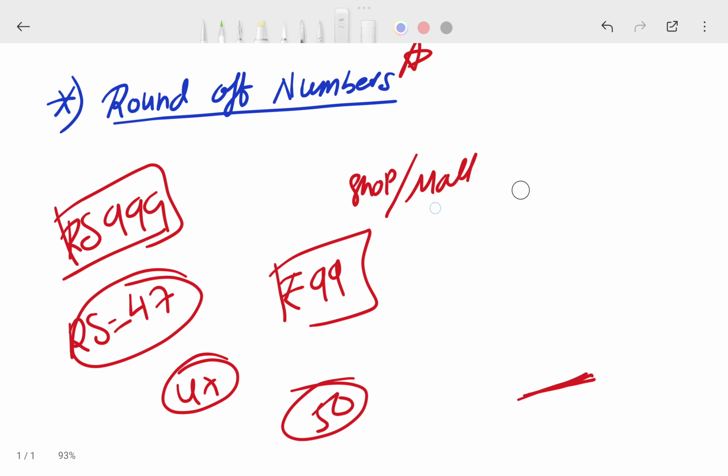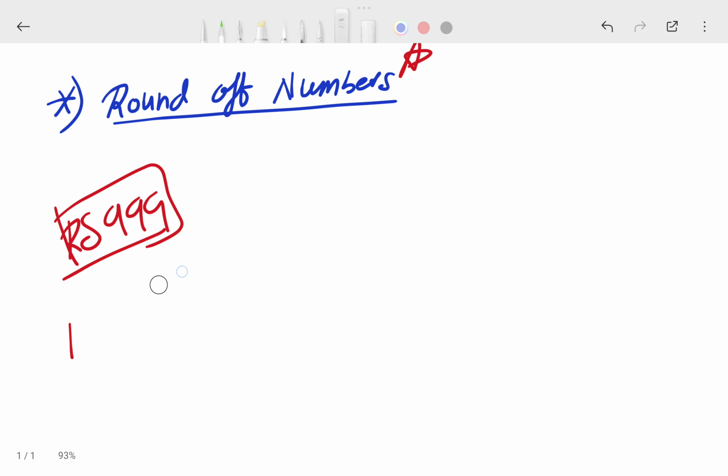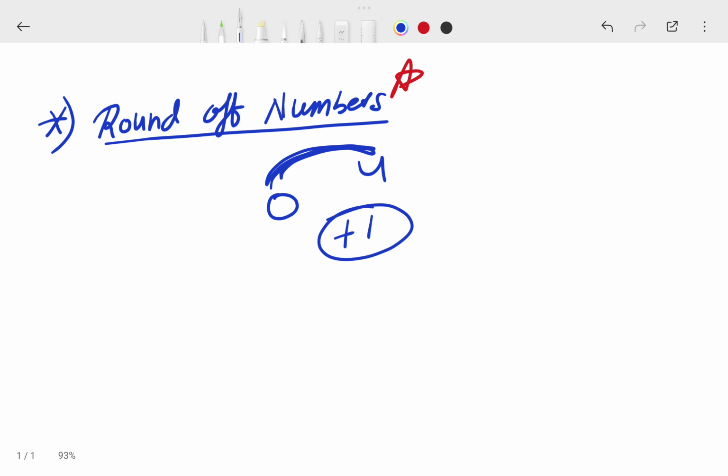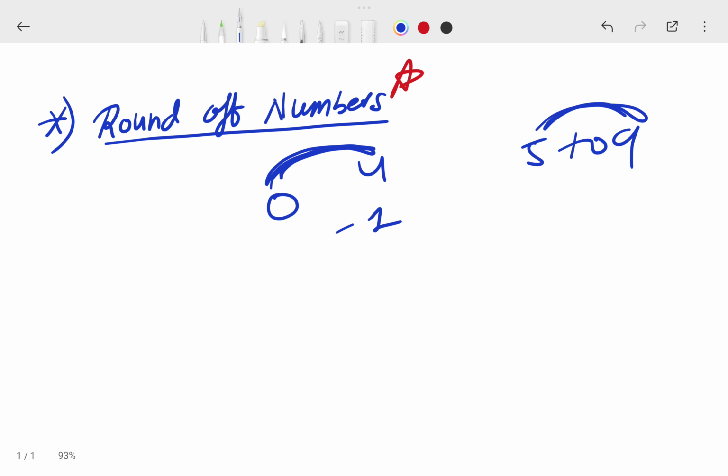In rounding, remember, from 0 to 4, whatever number is there, we don't add plus 1, we just drop it. When it's 5 to 9, whatever number is there, we add plus 1 to the digit before it, and then we put 0 after.